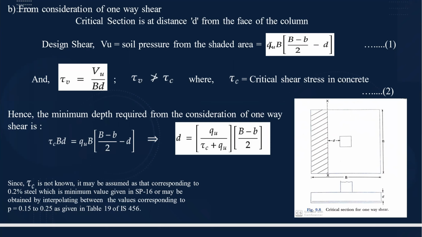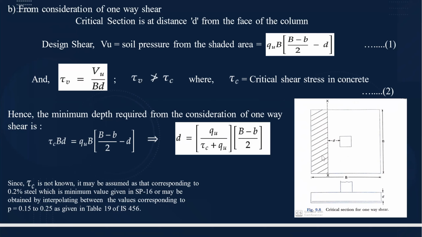If QU is the soil reaction, it is QU into B, that is the width of the footing, into the width of this strip, which is capital B minus b by 2 minus d. I'm telling once again, we have to calculate the shear force at this strip, this shaded area.